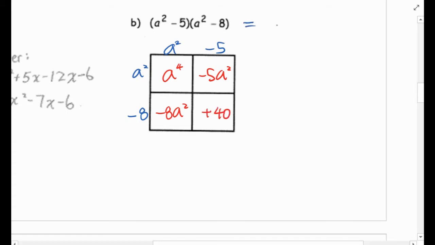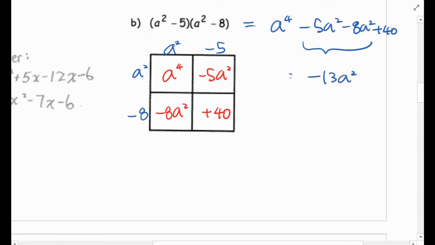And now you can write negative 13a squared. Okay, so that is the answer.